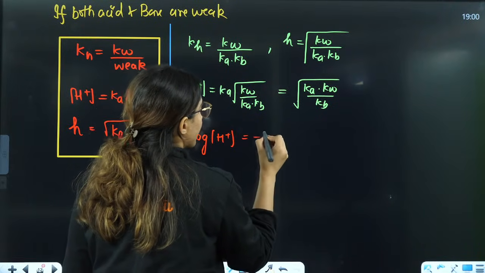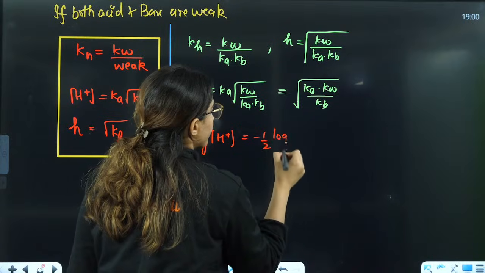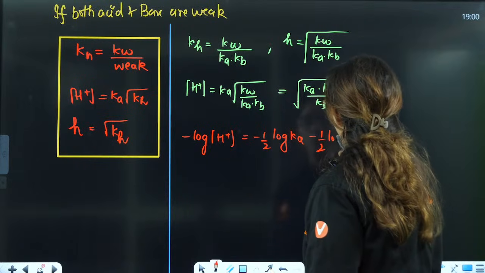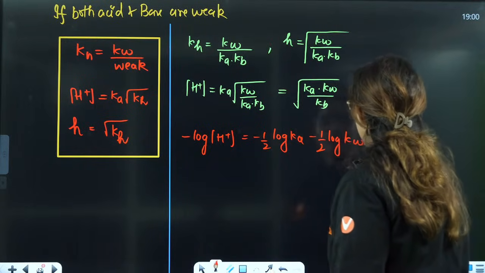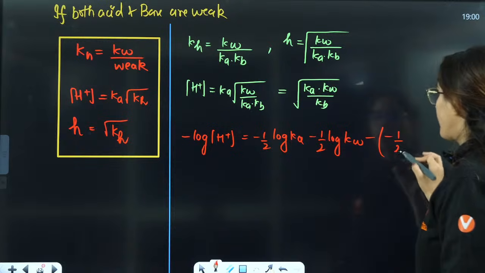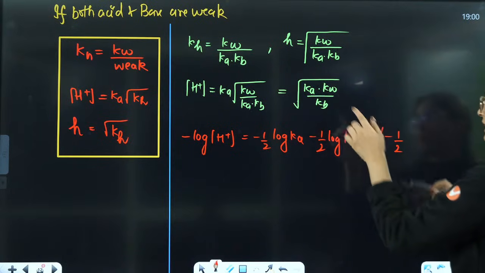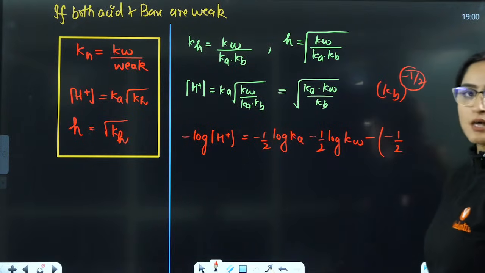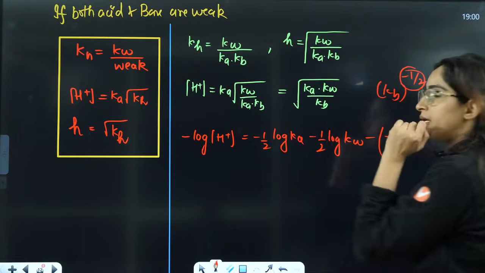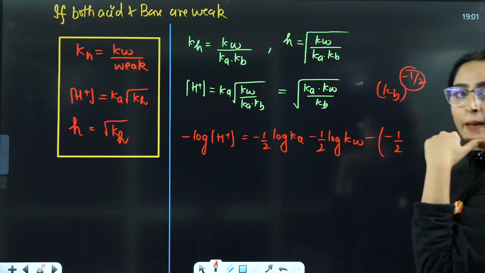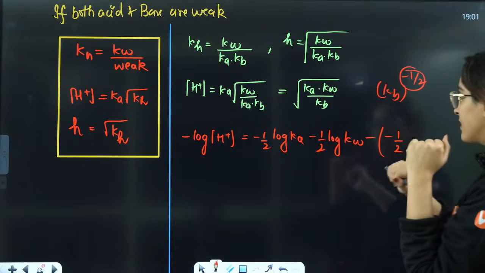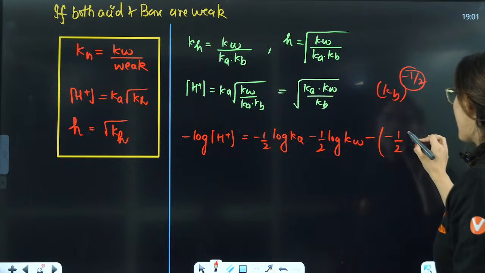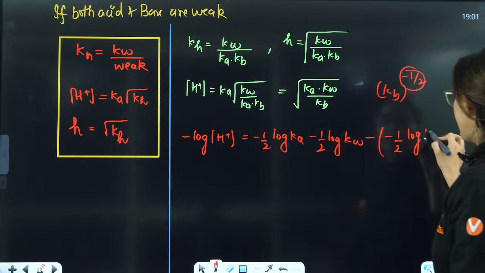This will become minus half of log of Ka minus half of log of Kw, and minus of minus half, because when it goes in the numerator, instead of half it will be minus half. That's why I have put minus half, and the extra minus I am putting myself, right? So minus of log of Kb.